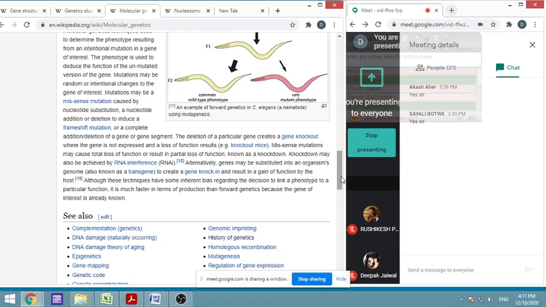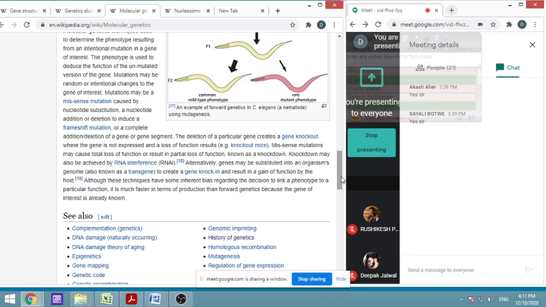Then there are genes which are responsible for maintaining the body weight. If this gene is removed, then the animals will gain weight, they will become obese. So there are a variety of such things possible, and these are called gene knockouts. Knockout, just like it is used in boxing and other terms.